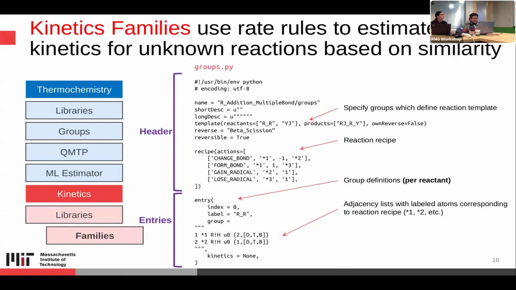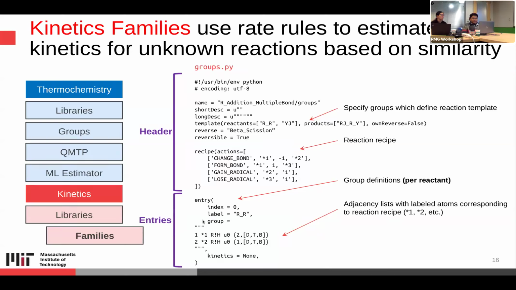The next thing is kinetics families. Kinetics families are formatted like this, where you have the header. In addition to the other files, there's also a recipe and a template. The template specifies the groups, and the recipe specifies the bonding edits and, for example, if radicals are gained or lost according to the reaction.